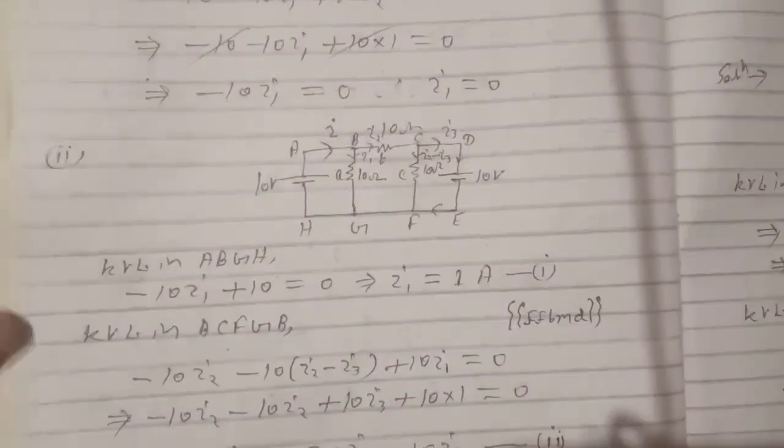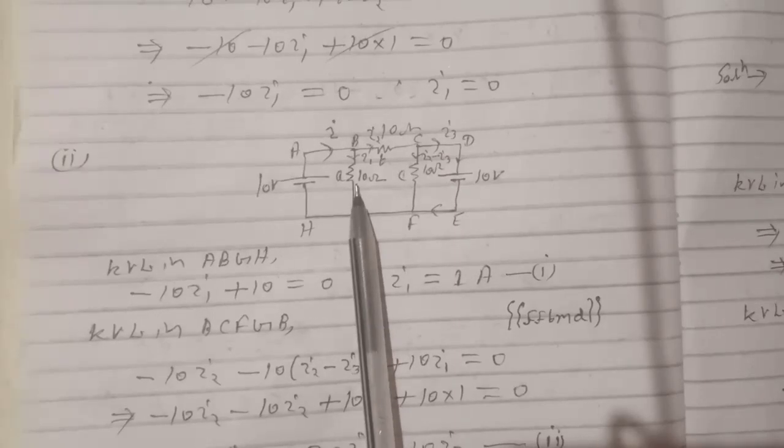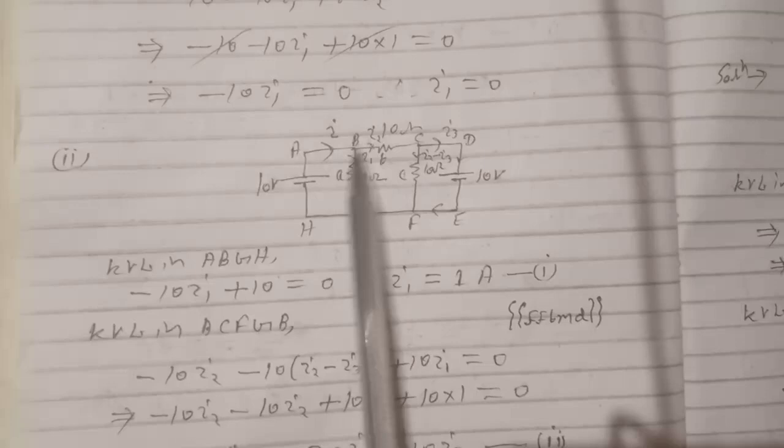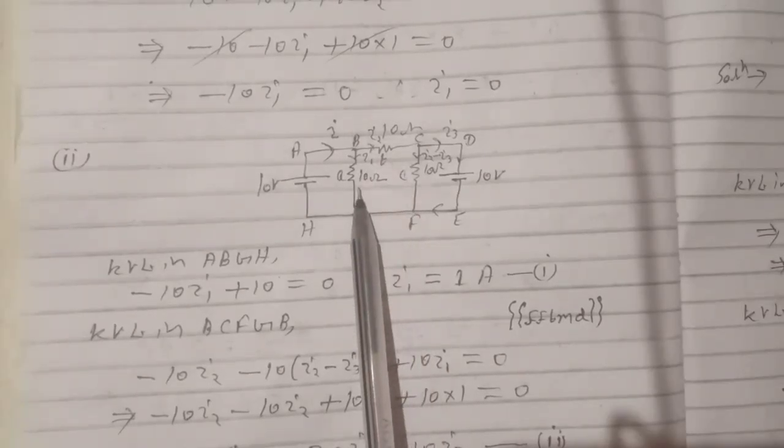In the second case, we have to find the current in this A. Consider I current is flowing, and at this point in this circuit going I2 and this circuit I1.